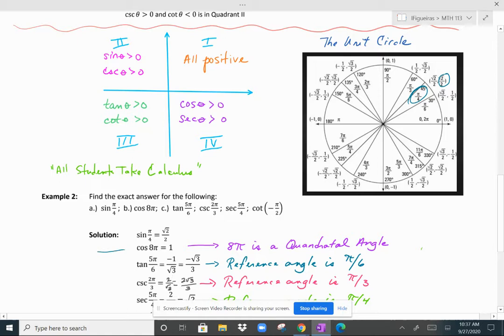That's a quadrantal angle, and so although you don't see 8 pi on your unit circle, you should be able to figure out that 8 pi is the same as 2 pi. It just means that you've gone around 4 times, you end up in the same x-coordinate. So the cosine of 8 pi is just 1.